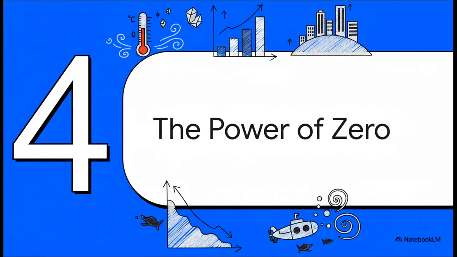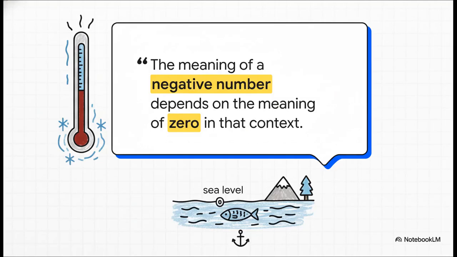So, from a cold day in Maine to a valley below the ocean surface, all the way to the deepest trench on Earth, there is one single powerful idea that connects every single example we've looked at. And this is it. This is the big takeaway. The meaning of a negative number totally depends on what zero means in that situation. Zero isn't just an empty space. It's the anchor.